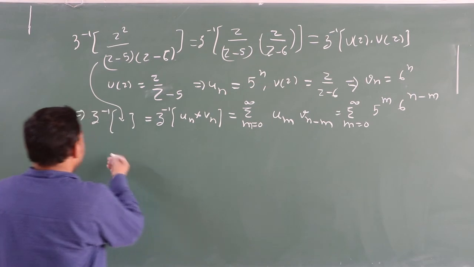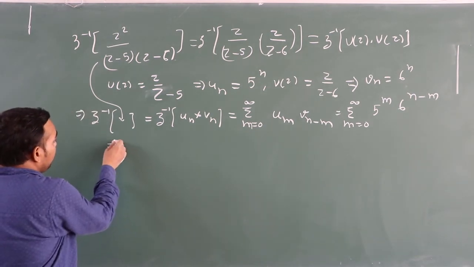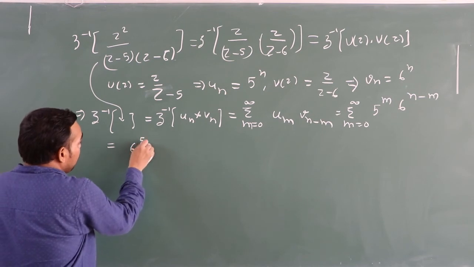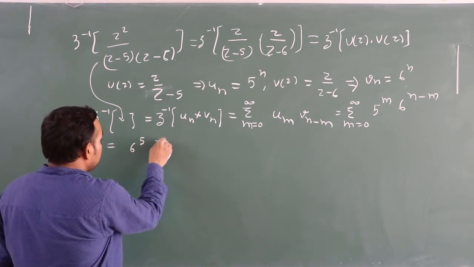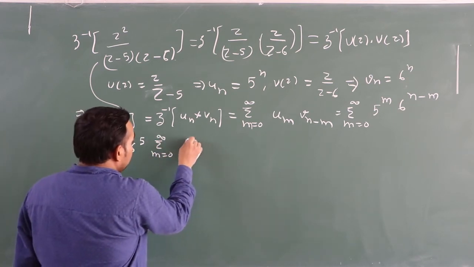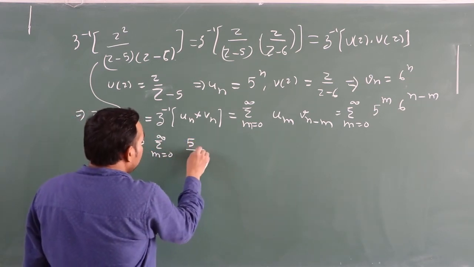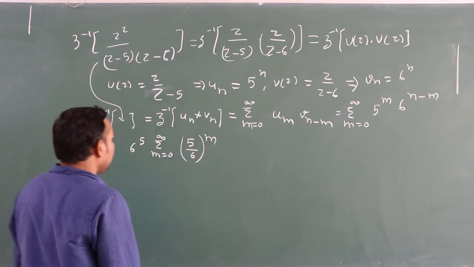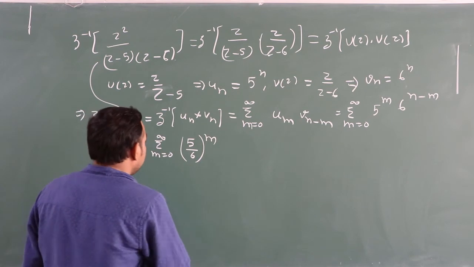So we take 6 to the power n as common, giving the sum from m equal to 0 to n of (5 upon 6) to the power m, and we know that this is a series.